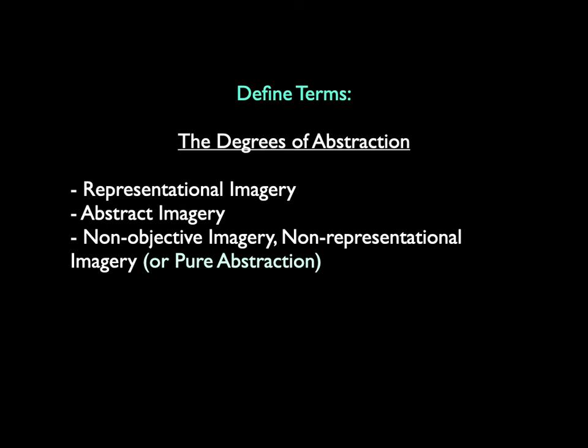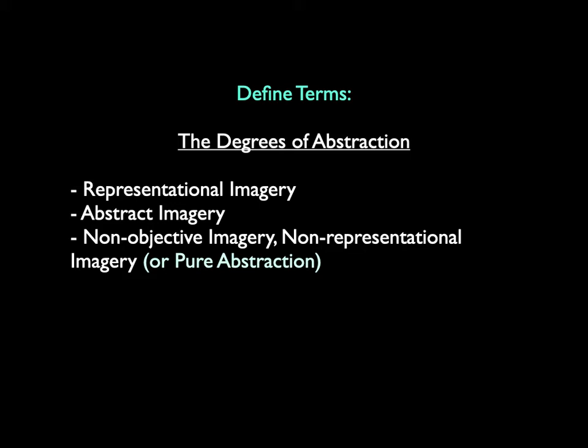But before we get started, it'd be useful to clarify some of the terminology. And these are the degrees of abstraction, which basically represent these broad categories that imagery can exist in, ranging from something that is maybe very lifelike, like a Renaissance painting on one extreme, to something that's entirely non-objective, like a Jackson Pollock painting or something of that nature.